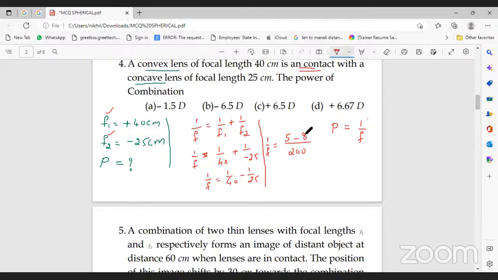So 1 by F equals minus 3 by 200. So what will be F? Minus 200 by 3.